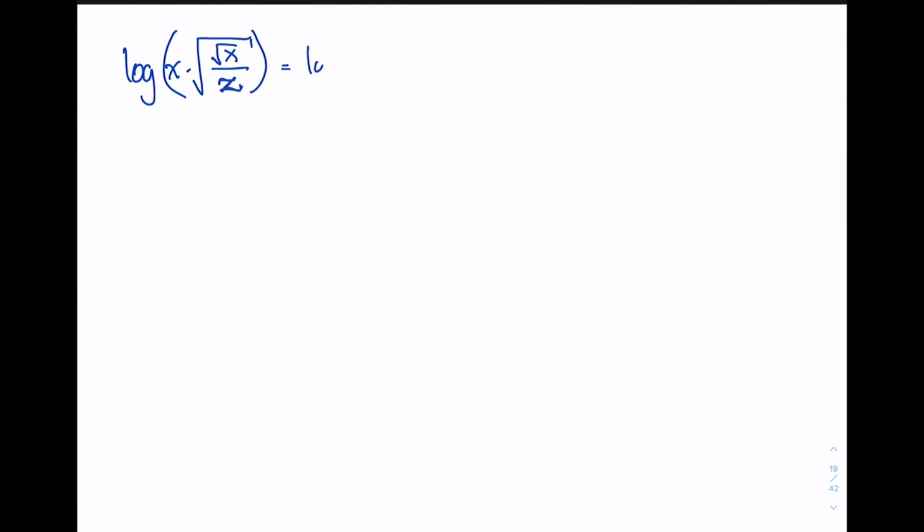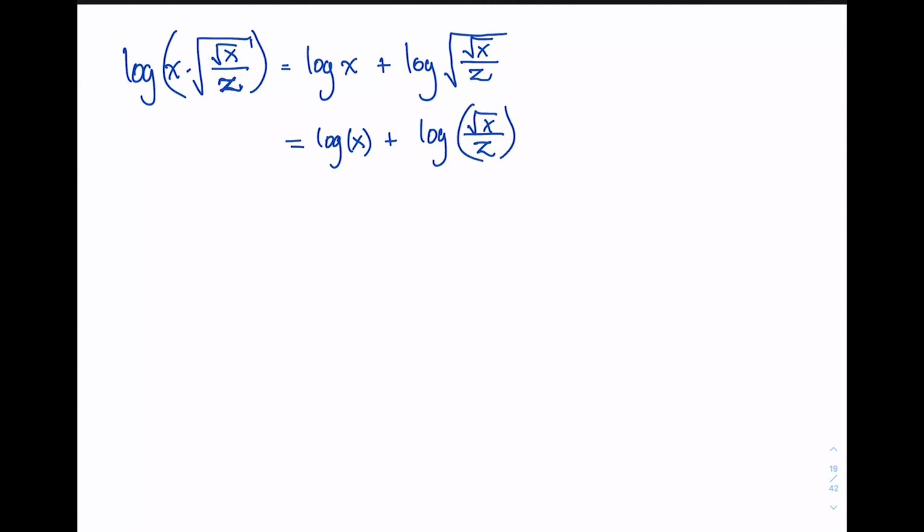First we're going to apply the log of a product. So this becomes log of x plus the log of the square root of x over z, which can be simplified to the log of x plus half log of x over z, all under the square root. But what is the square root of x?